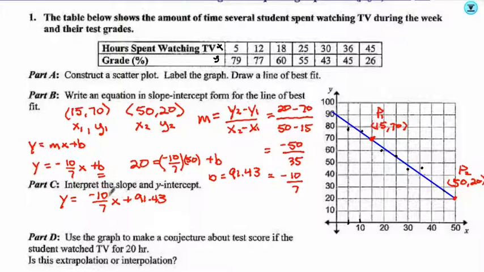So let's do this. For every 7 hours of watching TV, the grade decreases by 10%.